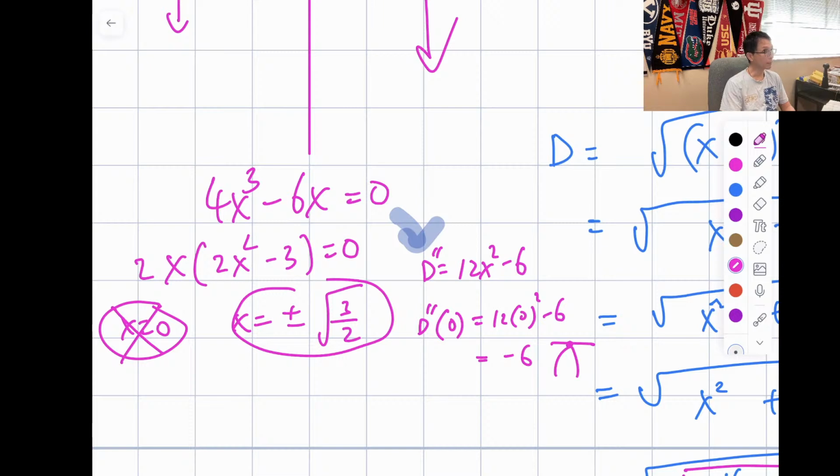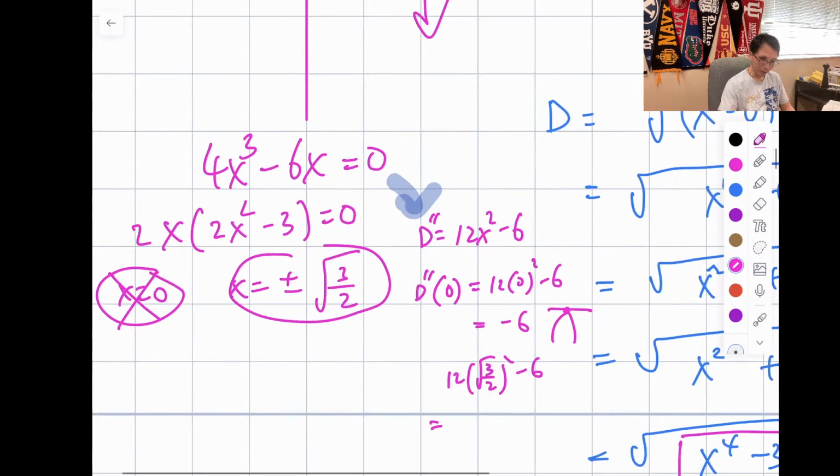Is that okay? Now I'm going to plug in root 3 over 2. So it'll be 12 times root 3 over 2 squared minus 6. That's d double prime of root 3 over 2, which equals 12 times 3 over 2 minus 6. This is 18 minus 6, which is 12.